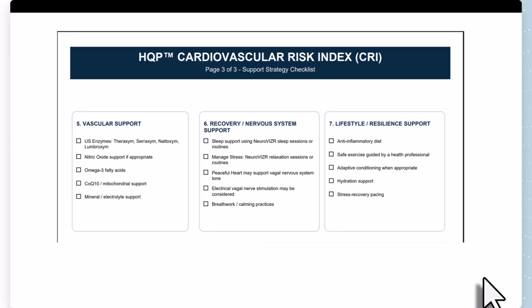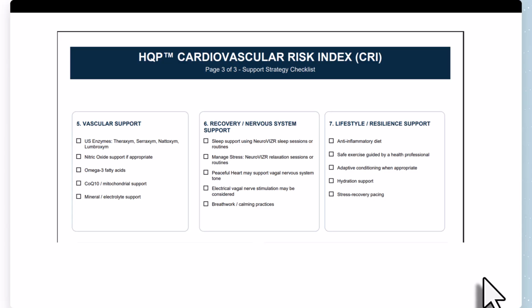Breath work is really good. Anti-inflammatory diet makes a lot of sense. Safe exercises guided by a health professional if you're not accustomed to training, and we don't want you to overtrain. We want you right in the Goldilocks zone, with plenty of rest time in between training, adaptive conditioning when appropriate, hydration support, stress recovery, and pacing.